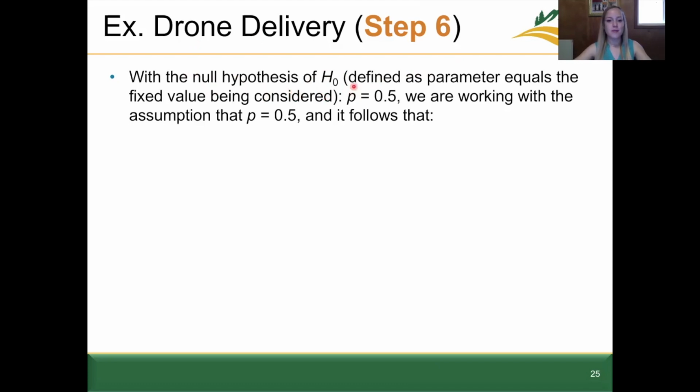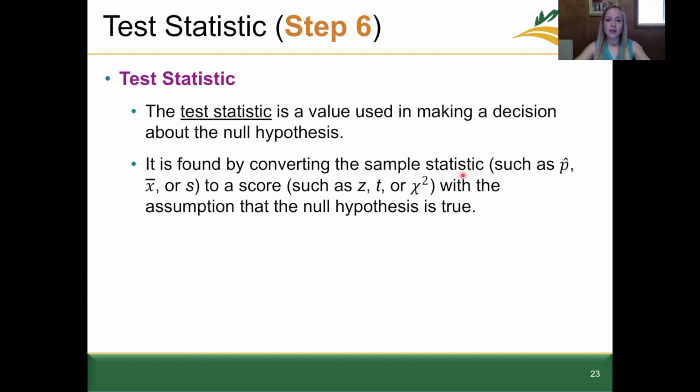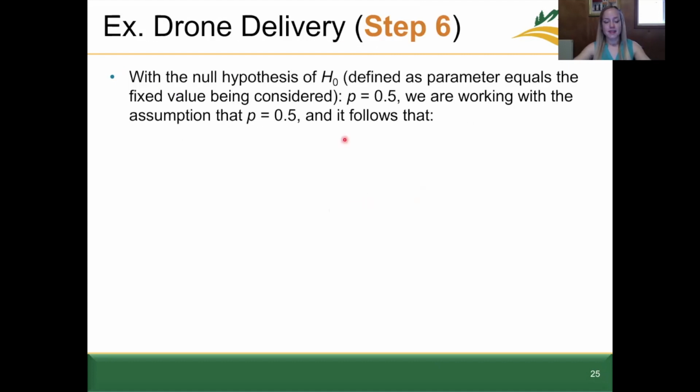We figured out from step 3 that our null hypothesis H0 is p is equal to 0.5. Remember, within step 6, we're working with the assumption that the null hypothesis is true. So I wanted to remind you about that before we proceed on with the calculation. Okay, so again, here p is equal to 0.5. We're working with the assumption that that null hypothesis is true.